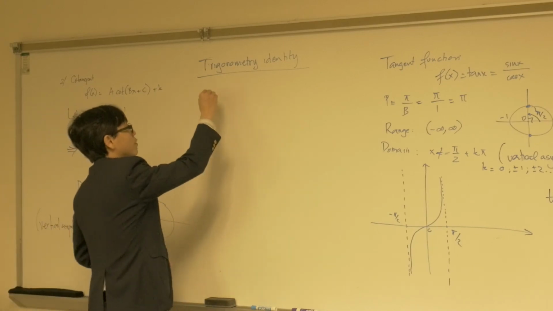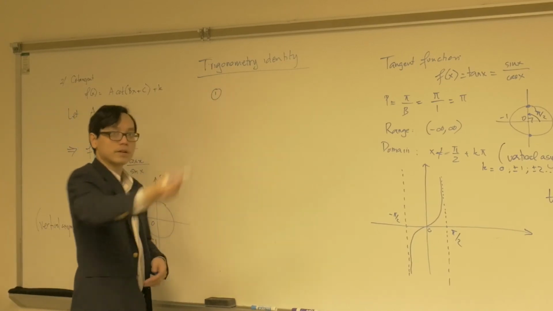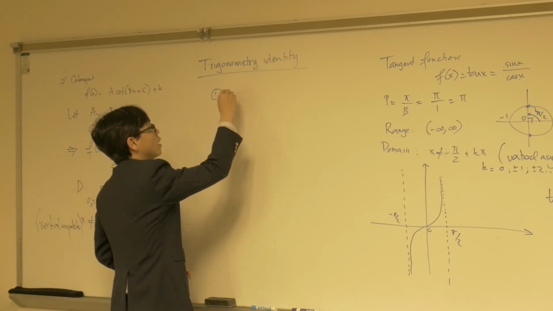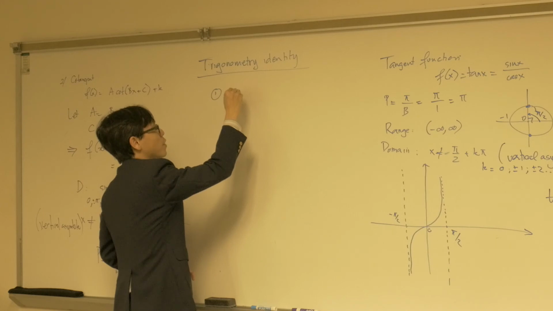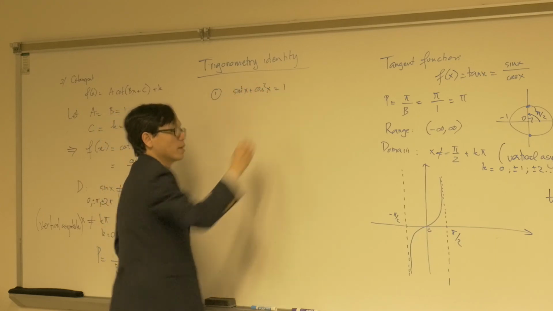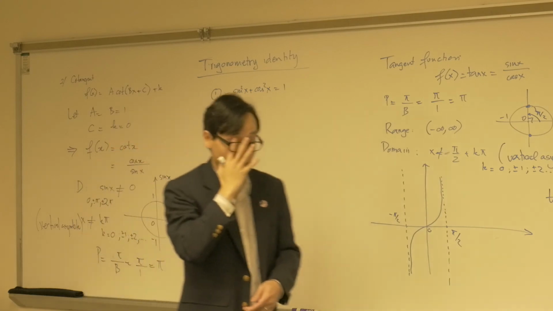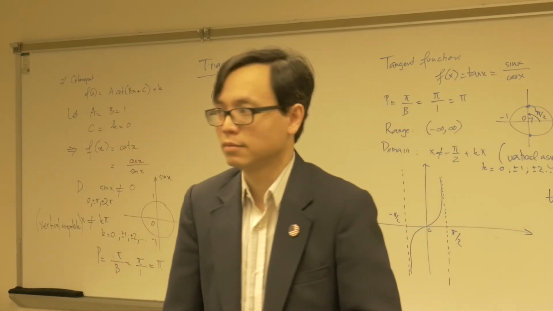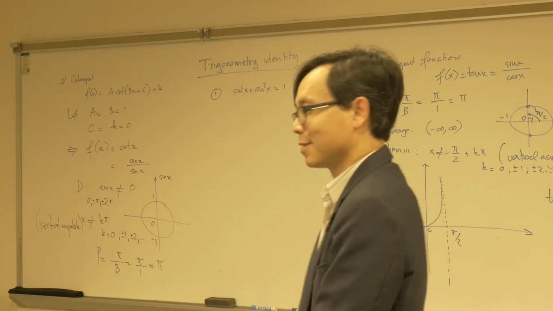Just go ahead and rewrite it here. The Pythagorean identity: sine square of x plus cosine square of x equals 1. That formula you're not allowed to forget. You're not allowed to. Come on.